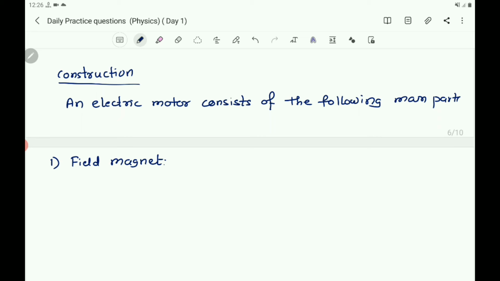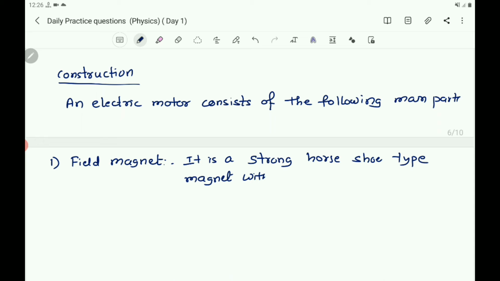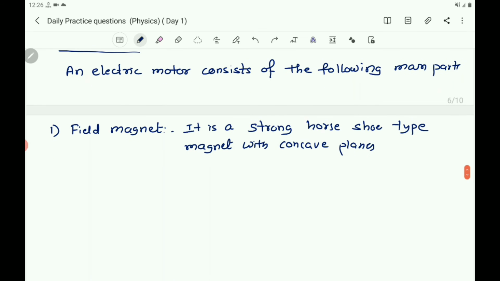It is a strong horseshoe type magnet with concave poles.